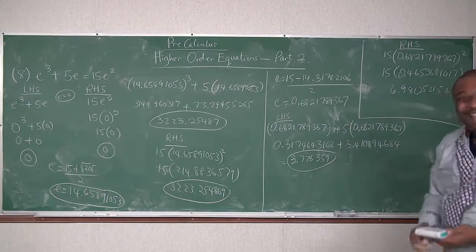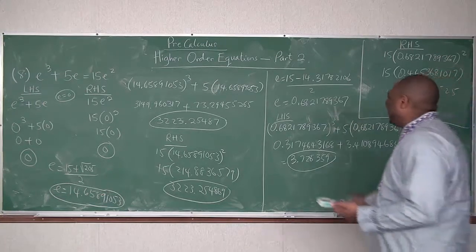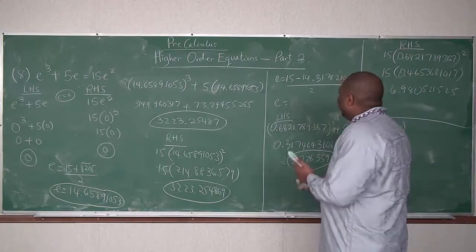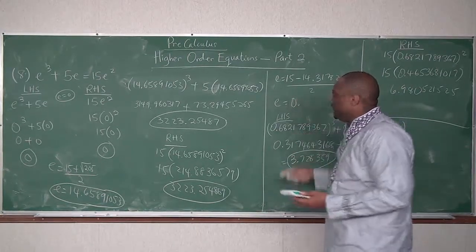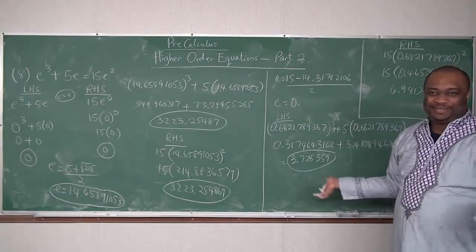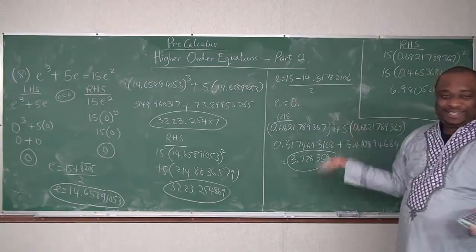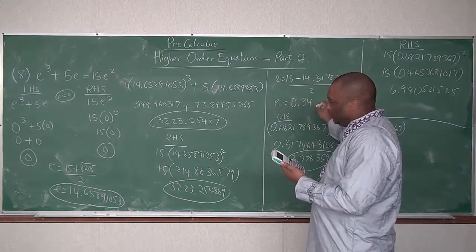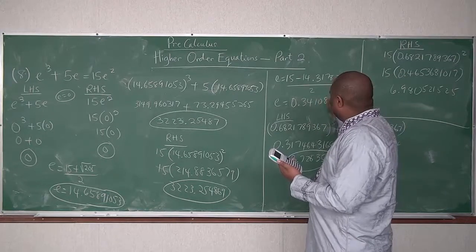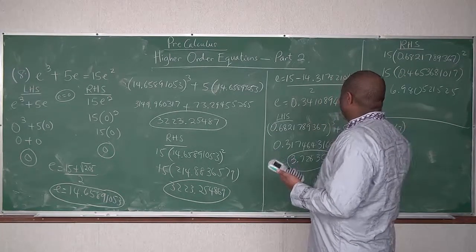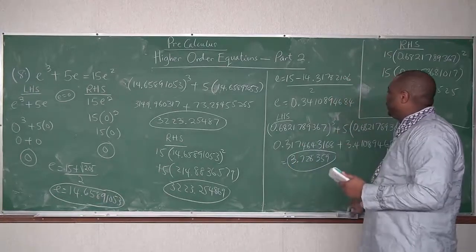Can you imagine? I forgot divided by 2. You see, that is why it's good to check your work. You see why it is good to check your work. Okay, this is 0.3410894684. Alright. This should work now, folks.